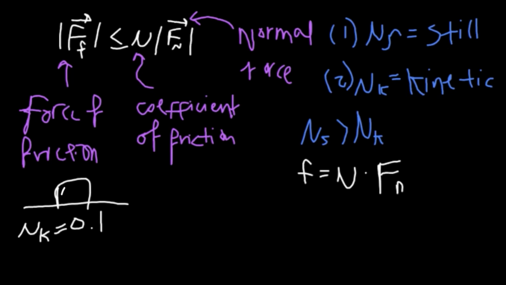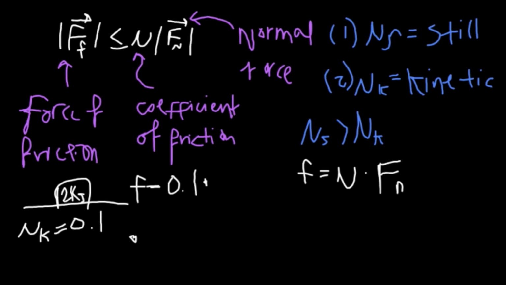So we're going to say this block is 2 kilograms, and we want to know what's the force of friction. Now notice that the force of kinetic friction does not change while the block is moving. It doesn't matter how fast the block is moving. So we'll say the force of friction is going to be the coefficient of 0.1 times the normal force.